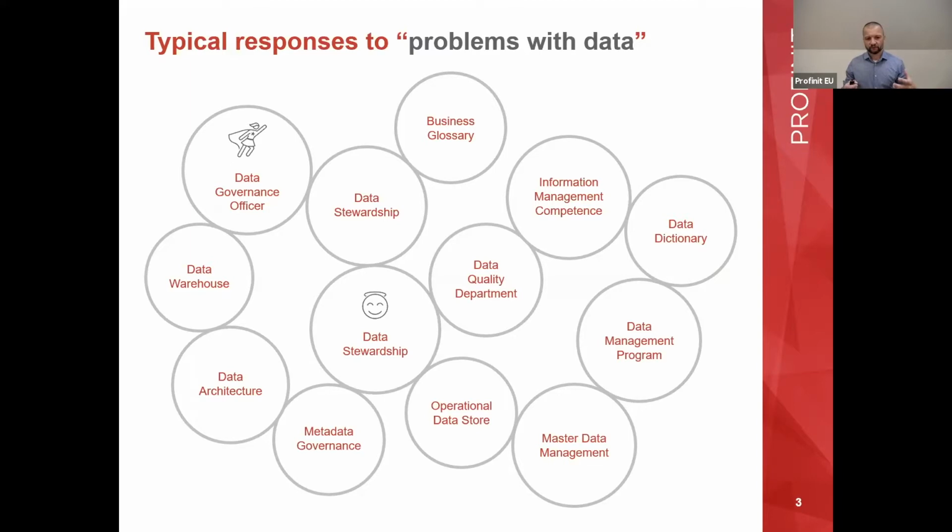We try to create new departments for data management, data quality management, and so on. We spend a lot of money on expensive tools to manage data, manage metadata. We create a lot of business warehouses. We build business catalogs and so on.